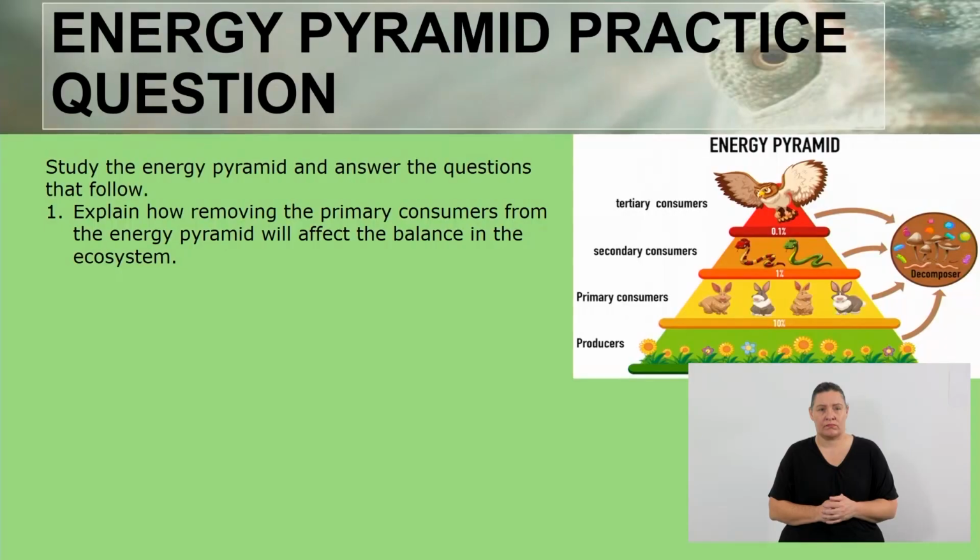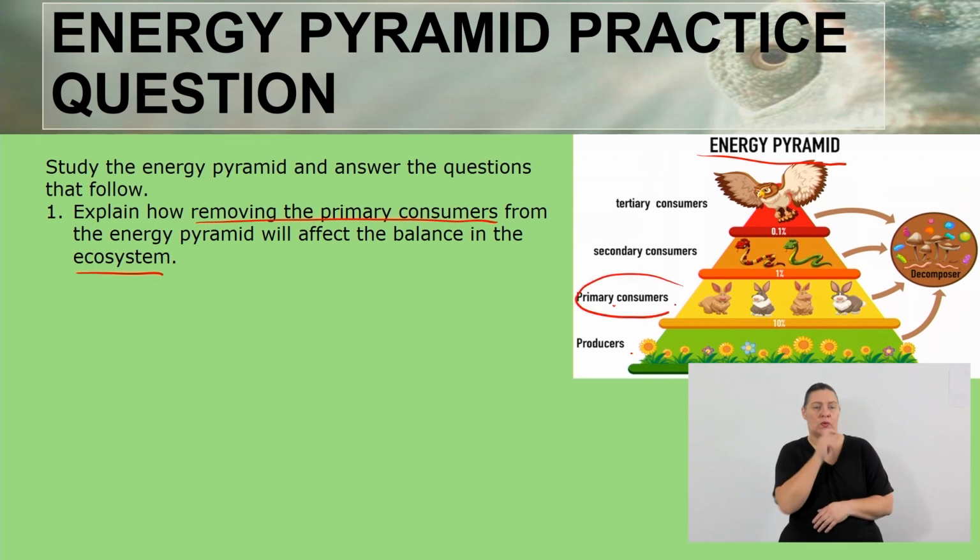So the second one says, study the energy pyramid and answer the questions that follow. So here you need to explain how removing primary consumers from the energy pyramid will affect the balance in the ecosystem. Right, now let us look at our energy pyramid here. This is the energy pyramid, and we have producers and primary consumers.